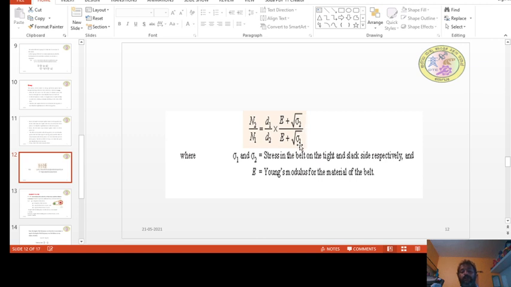The sigma 1 value is more compared to sigma 2, and the E value is the same for both sides as the material is the same. So when we get a larger value in the denominator and a smaller value in the numerator, the ratio decreases to less than 1. That means the speed decreases. This is how we can quantify the effect of creep in belt drives.